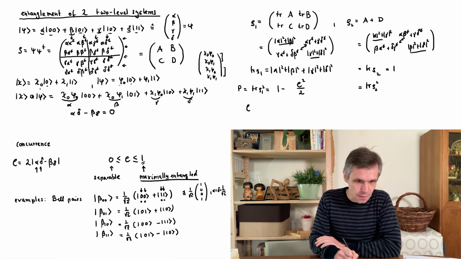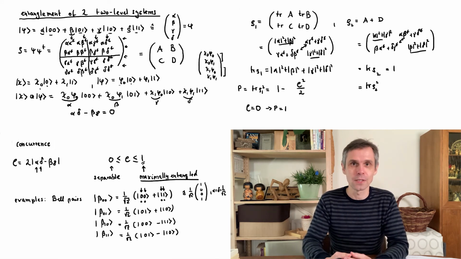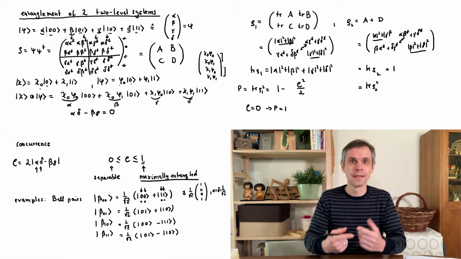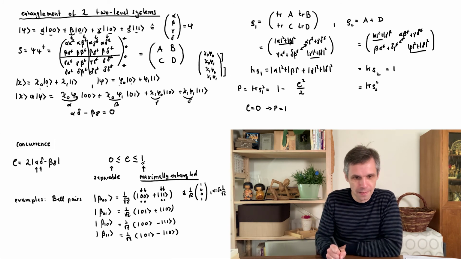If the concurrence vanishes so that we have a separable state, the purity turns out to be 1. So the purity of these reduced density matrices is just 1, just as we discussed in the general case. This is the situation when we can assign individual states to the two different parts of the system. These two different systems are essentially independent in these states.